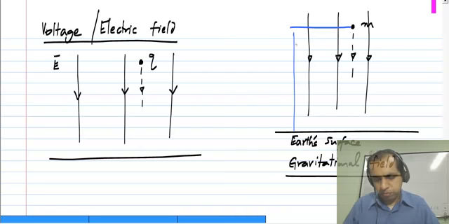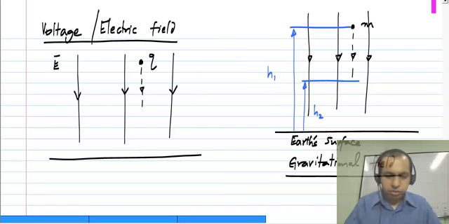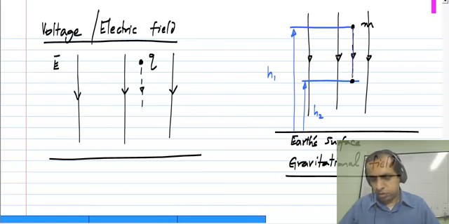Let's say it's at some height h1 and it falls to another height h2. Okay. So it falls from here to here.